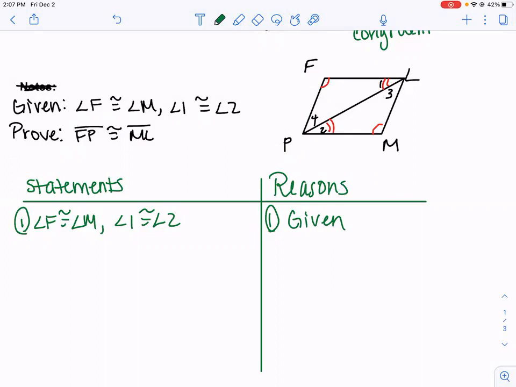So we have 2 sets of angles that are congruent. Raise your hand if you have an idea for how we're going to get these triangles to be congruent. Keegan, what's your idea? Maybe AAS.